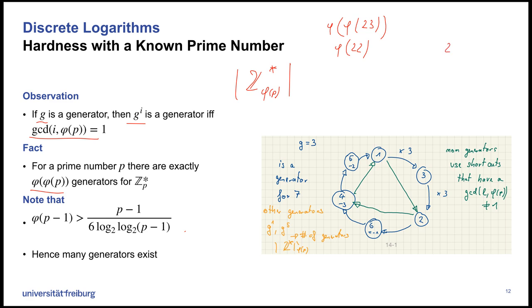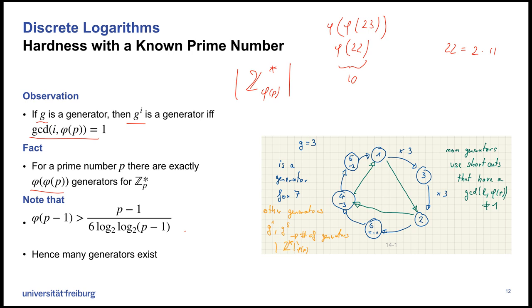I help you with factoring: 22 is 2 times 11. We know that if you have factors, it is the number multiplied by 1 minus 1 over each prime factor. So it actually is 10. So it is approximately a quarter of 23, because we have a large prime factor in 22.